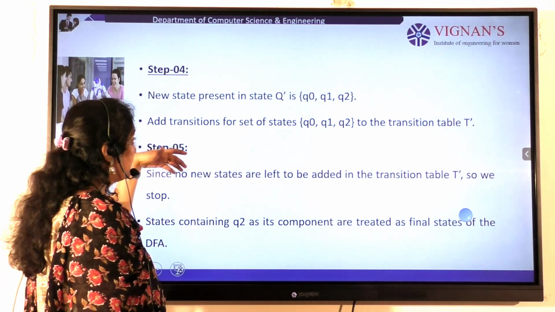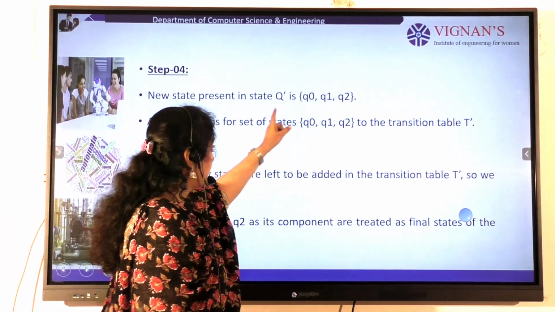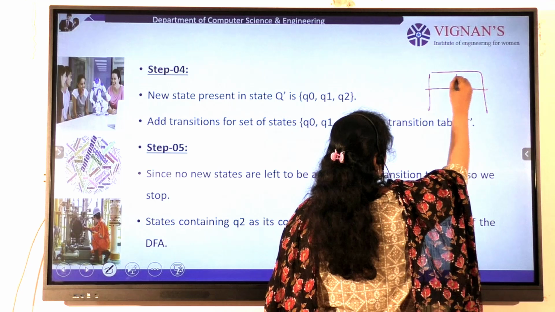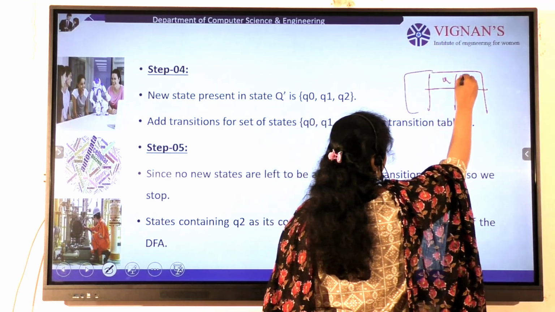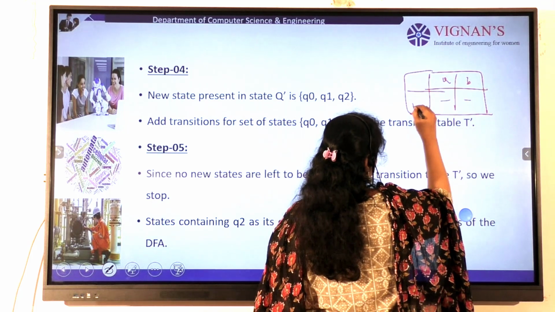In such a way, whatever new states appear under the input symbols A and B are going to be considered each time.